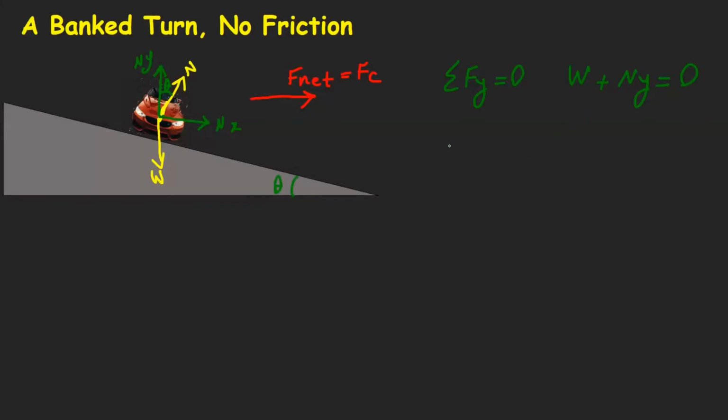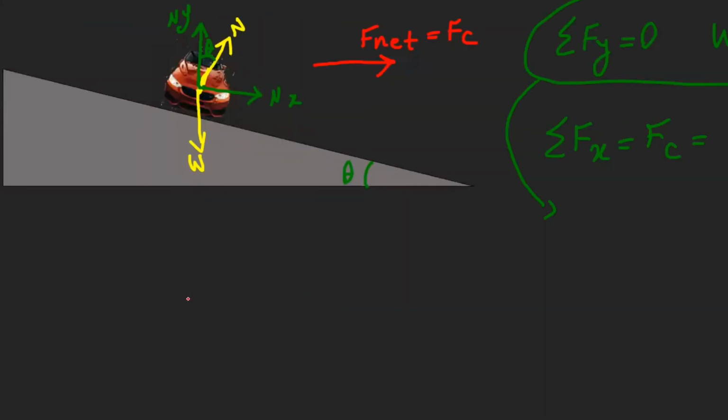And sigma Fx, that is equal to Fc, is equal to Nx. If I draw the triangle for N here, then we can discuss it better. So this one is Ny, and this one is Nx.